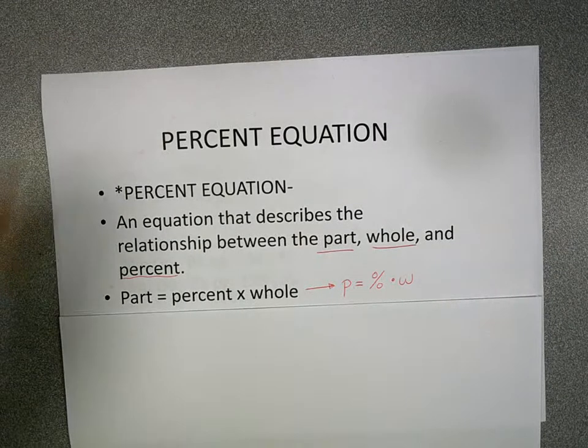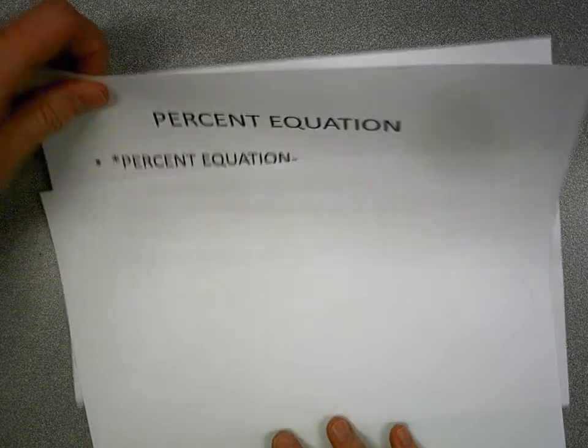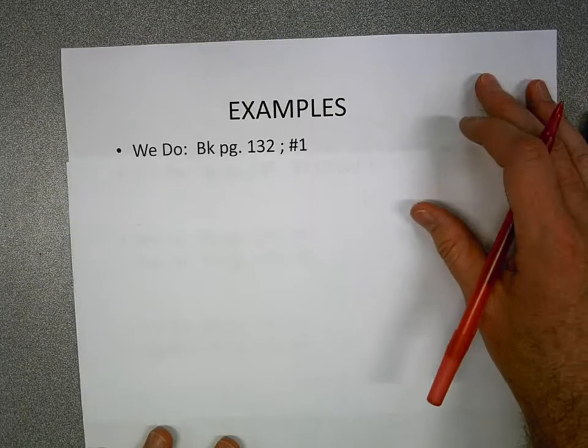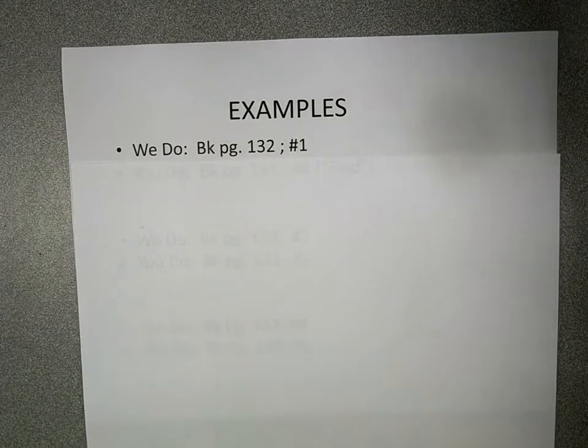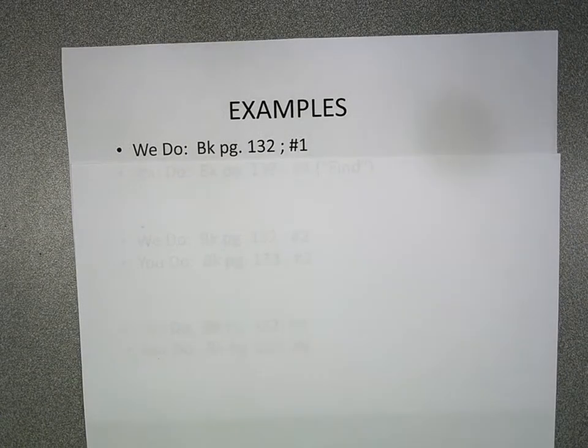Here's what I'd like you to do. If you haven't already, go ahead and grab your book and flip over to page 132. Eyes up here when you're ready to go.